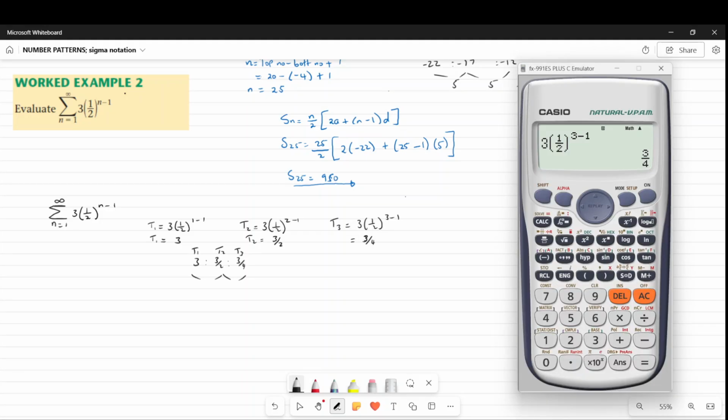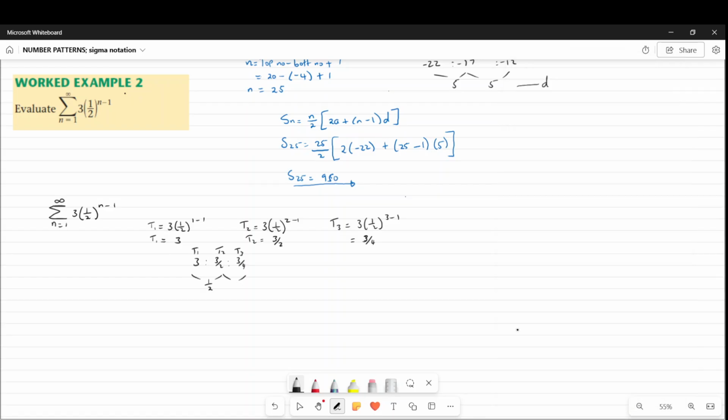So what we can do is say 3 all over 2 divided by 3, which is going to give us 1 over 2, right? And if you divide again over here, it's going to be 1 over 2, and this will be our r. Pretty much you could have got it from here. Just to make sure, I had to show you guys this, but you could have got it over here because you can see this is your a and this is your r.